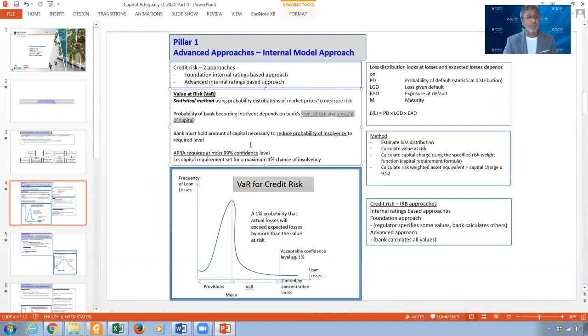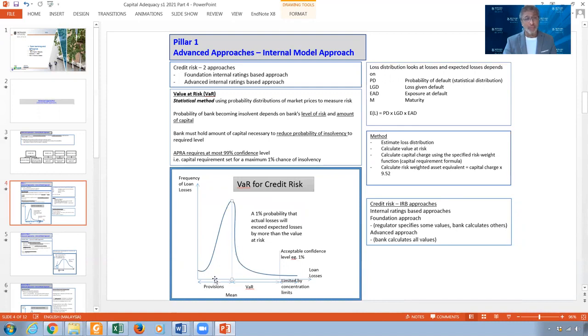Therefore, a bank must hold the amount of capital necessary to reduce the probability of insolvency. Which means if you look at this distribution, this is the distribution of the credit risk, and this is all the losses coming from the credit risk, as I told you, from the housing, and you are calculating this according to all observations of all those years.